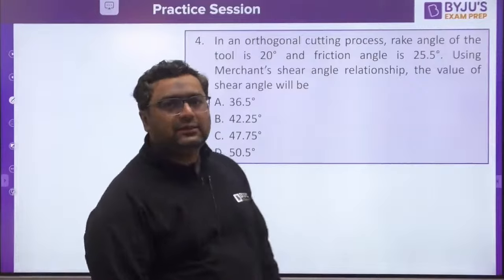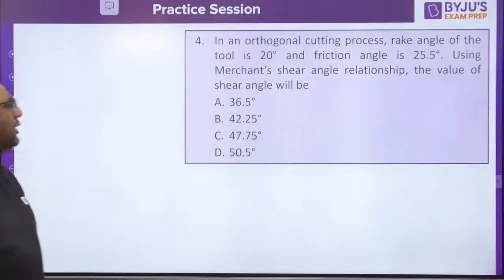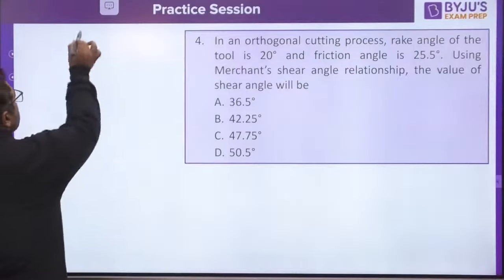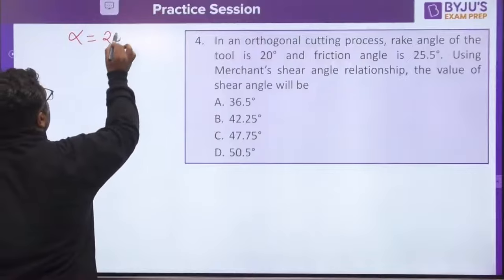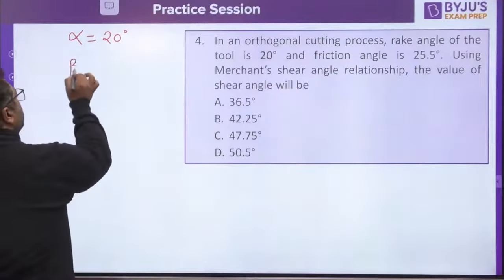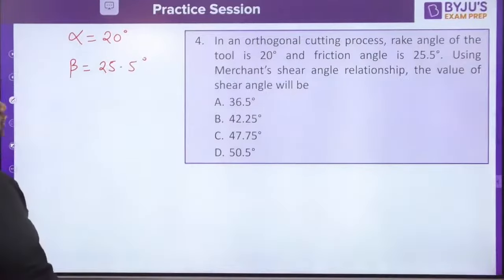Next question, guys. In an orthogonal cutting process, the rake angle is 20 degree. So alpha is given as 20 degree. Then the friction angle, beta, is also given, 25.5 degree. Using Merchant's shear angle relation, the value of the shear angle will be, yes, use Merchant's relation and find out the value.